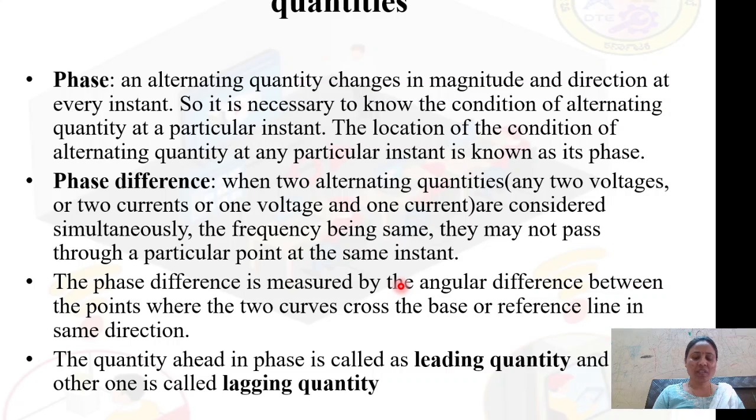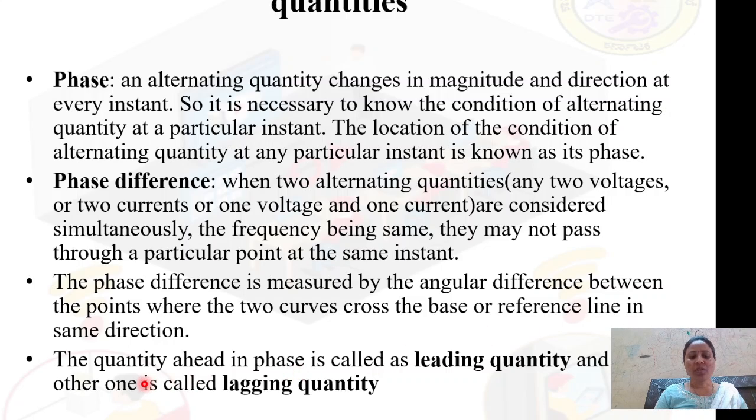So the phase difference is measured by the angular difference between the points where the two curves cross the base or reference line in the same direction.